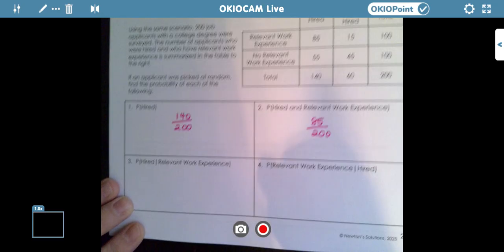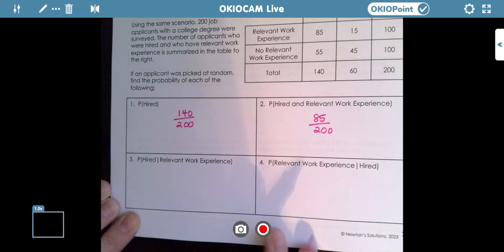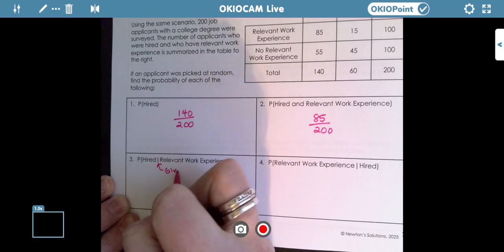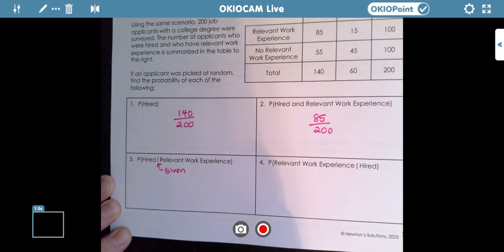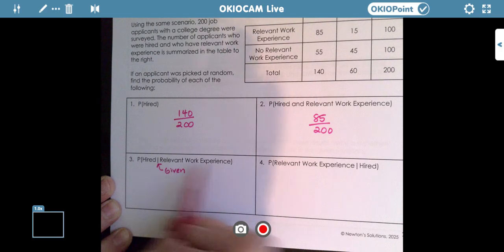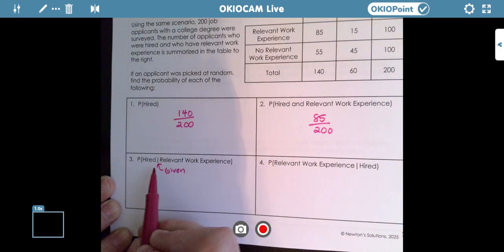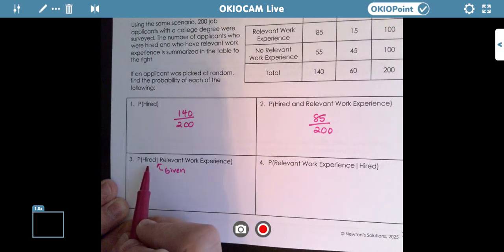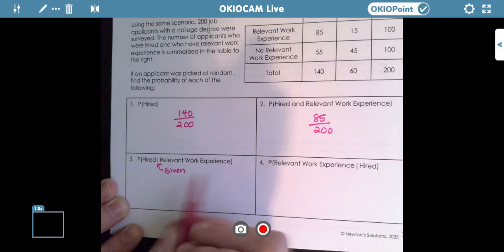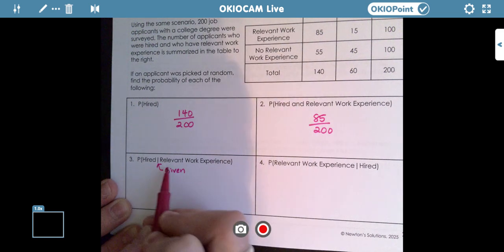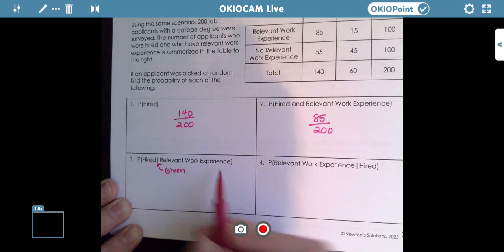This notation down here is what we were just talking about, the conditional probability. This such-that sign is what means "given." You can think of it as a fraction: the part that comes after that symbol gives you your denominator, and then you use that row or column, depending on what you're looking at, to find the numerator. So here it says probability of getting hired given that you have relevant work experience.